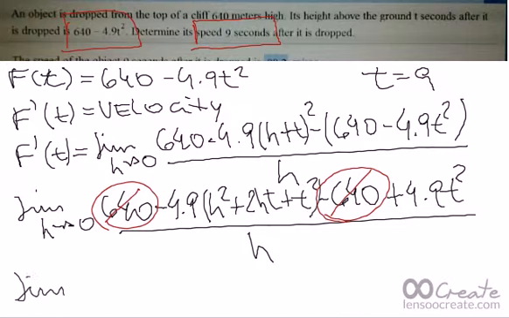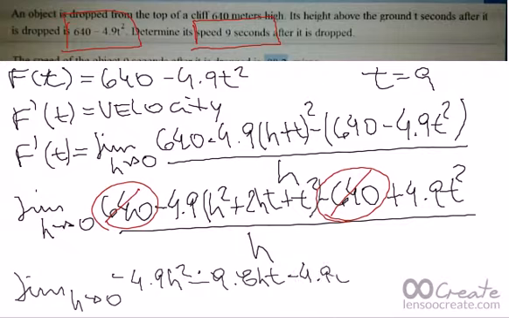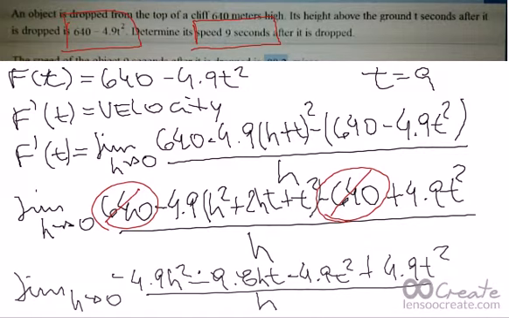At the limit as h approaches 0, it's minus 4.9 h squared minus 9.8 ht minus 4.9 t squared plus 4.9 t squared, all divided again by h.